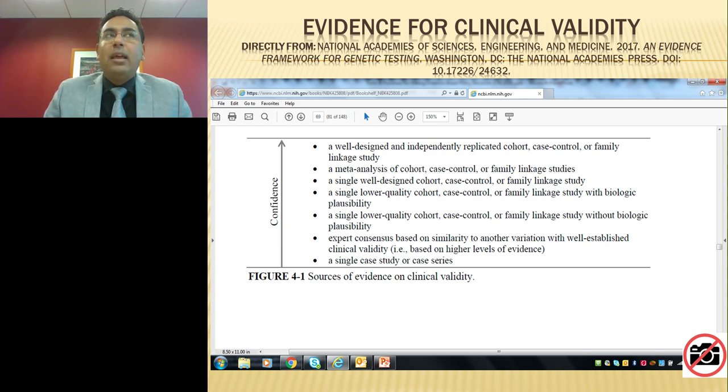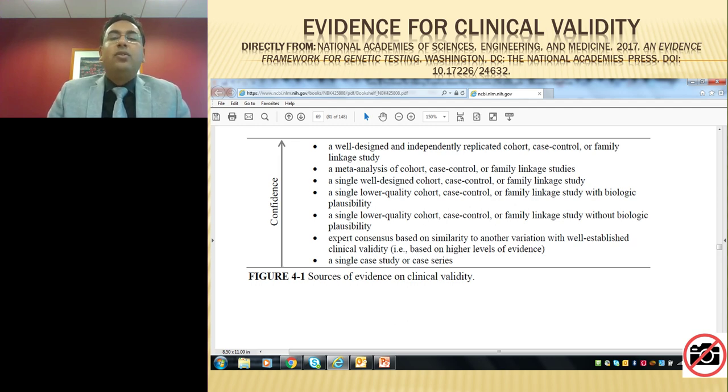When we talk about panel testing, or testing simultaneously for multiple markers at the same time, let's say you're looking at 18 markers of different kinds. There may be clinical validity, the genotype to phenotype correlation, if your markers are genes, for instance, for one or 2 to 3.